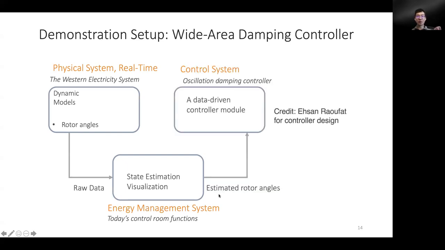The state estimator produces the estimated rotor angles and streams them to a data-driven wide-area oscillation damping controller developed by my former fellow PhD student Hassan Raufat. So his controller will control the set points of the wind turbines, the voltage set points of the wind generators, and use those voltage signals to damp out the oscillation in the system.